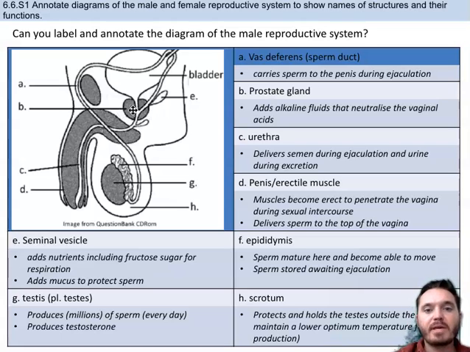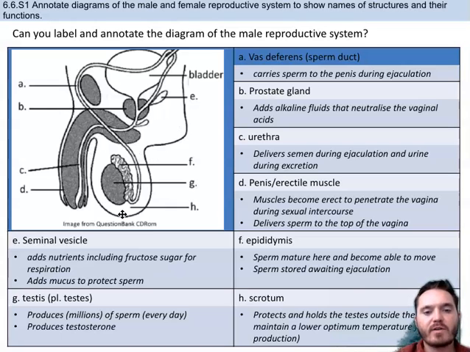And then you've got B, which is the prostate gland. This adds alkaline fluids that neutralize vaginal acids, so that when the sperm are released during ejaculation, they are protected from a pH level that's not going to be good for them.